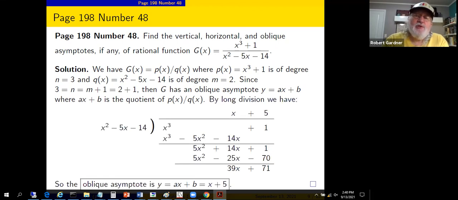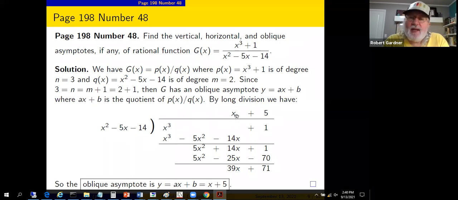So by long division, we'll take the x cubed plus 1 and divide it by x squared minus 5x minus 14. Simply divide the denominator into the numerator. So what do you multiply this by to eliminate the highest power of x?